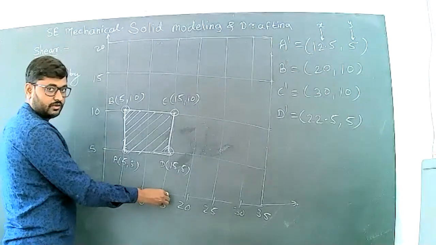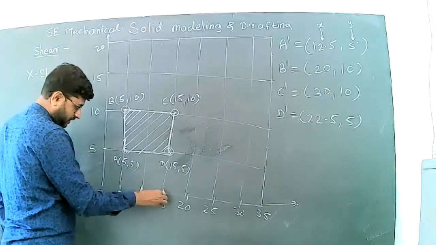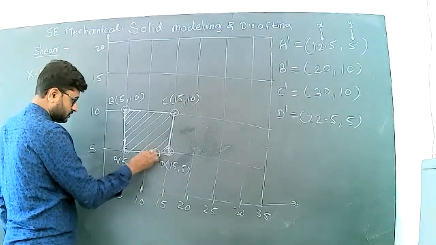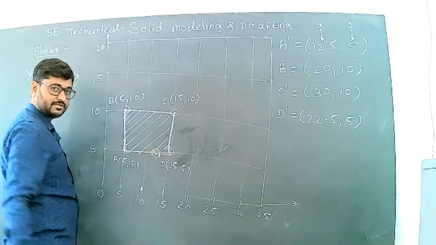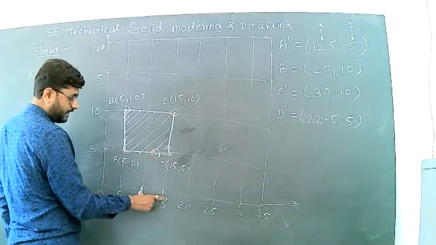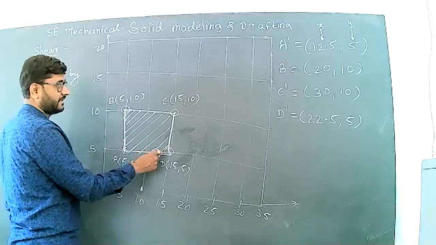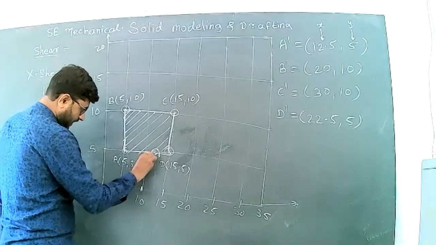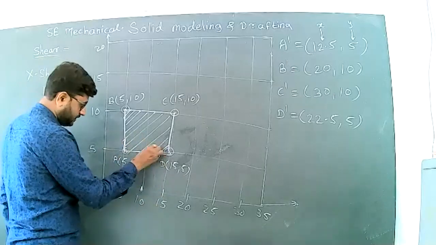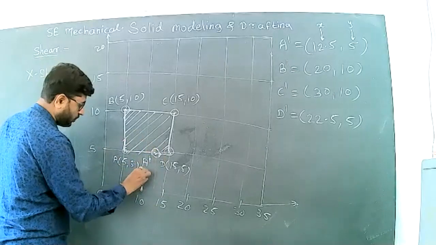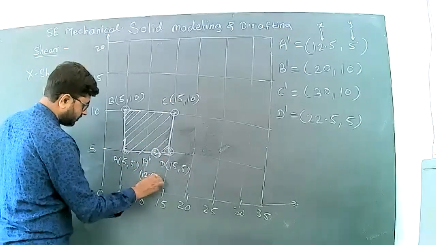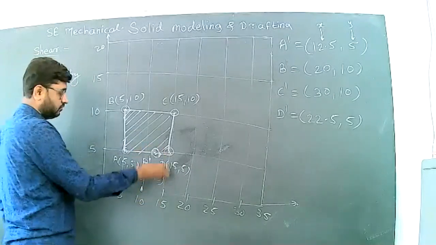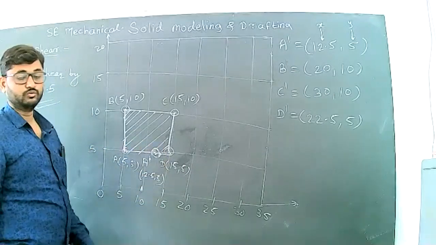Here it is 10, 15, and 12.5 is the middle point of 10 and 15. This one is our A dash, at 12.5 and 5.